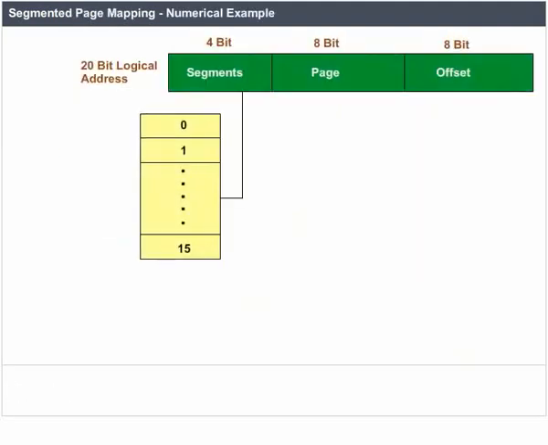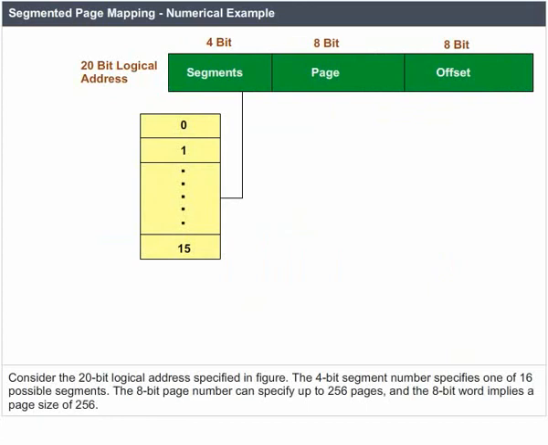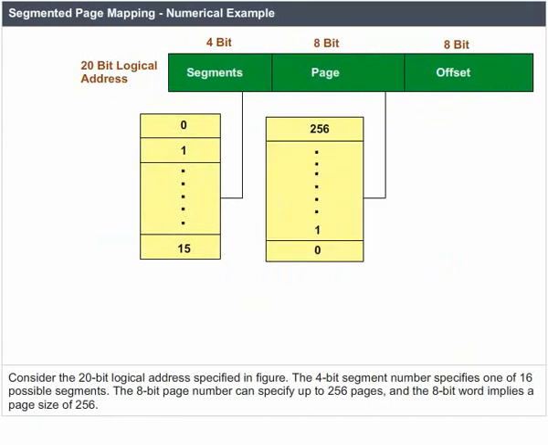Segmented page mapping. Numerical example. Consider the 20-bit logical address specified in the figure. The 4-bit segment number specifies one of the 16 possible segments. The 8-bit page number can specify up to 256 pages, and the 8-bit word implies a page size of 256.